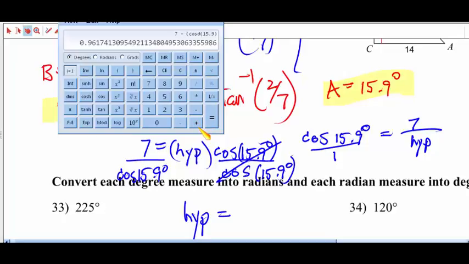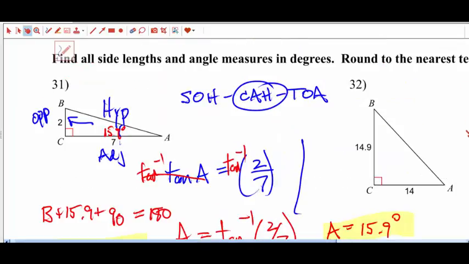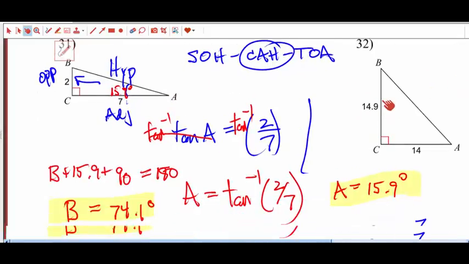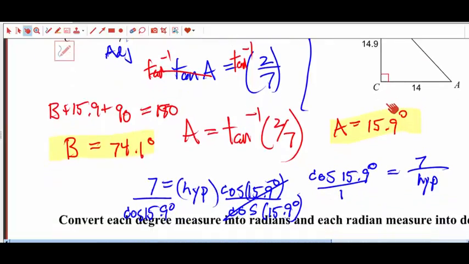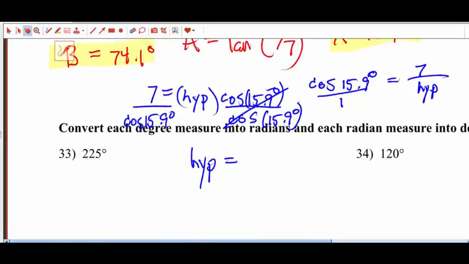I don't see it. Well, let's see if I do equals. What do I get? Alright.